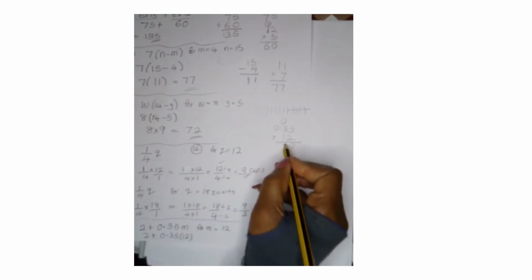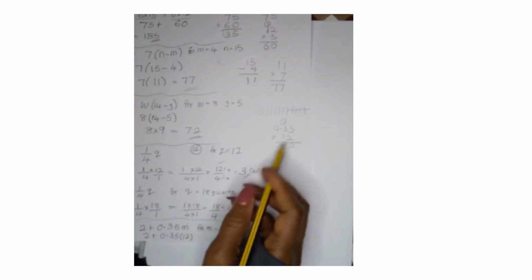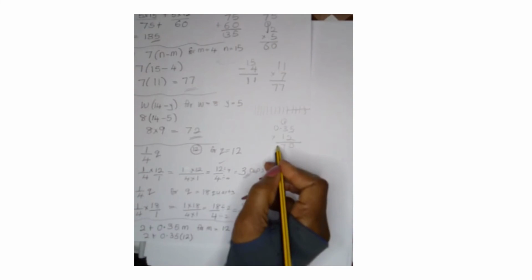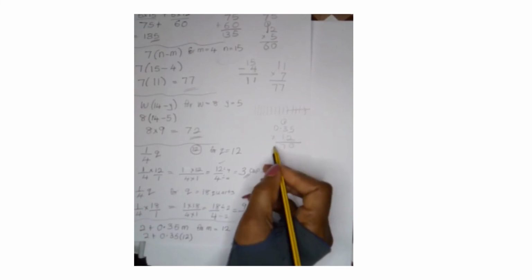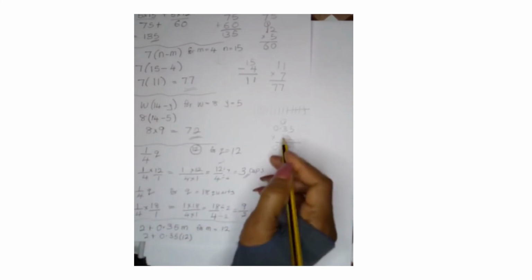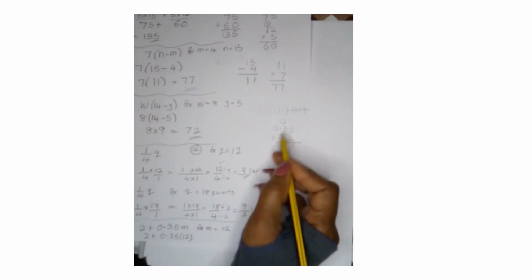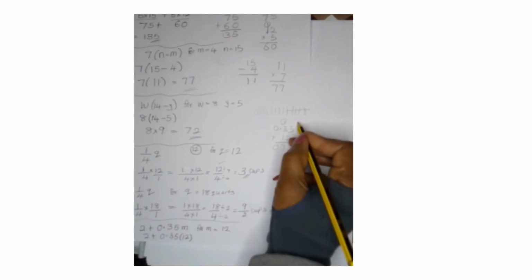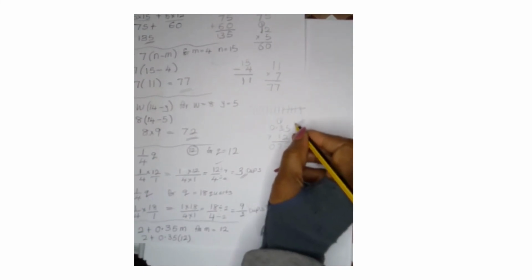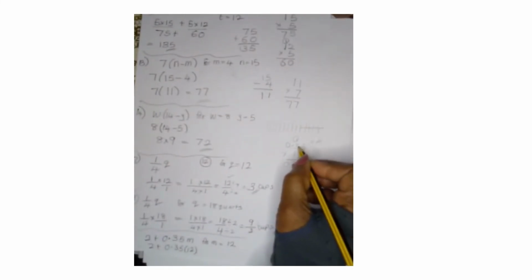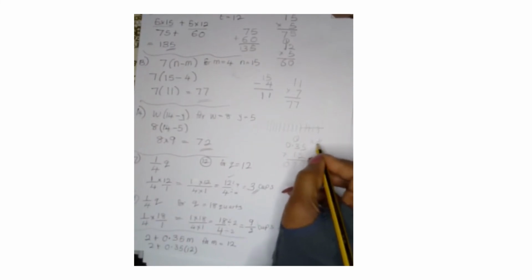You write 7 underneath 3. 2 times 0 is 0. Don't put any points, just make sure you know how many decimal places there are, which is 2. You have 2 decimals, 1 and 2. Just remember that.